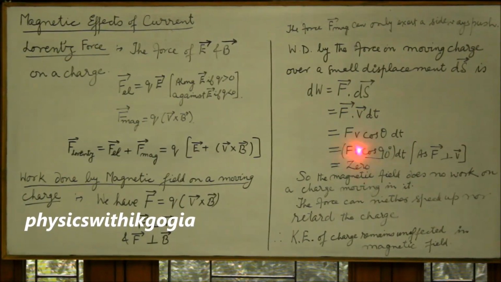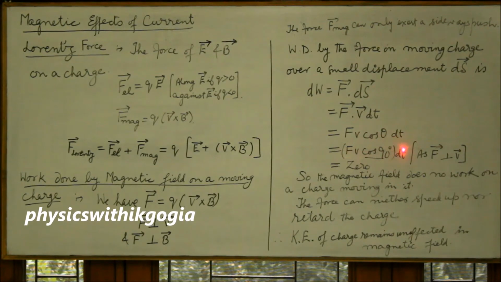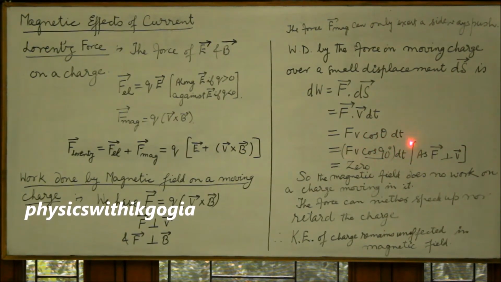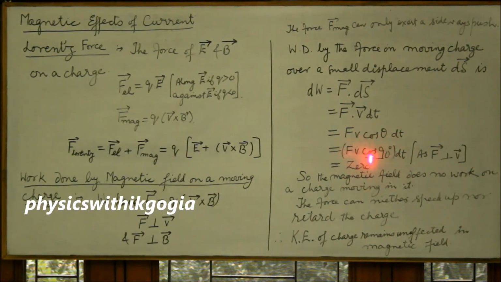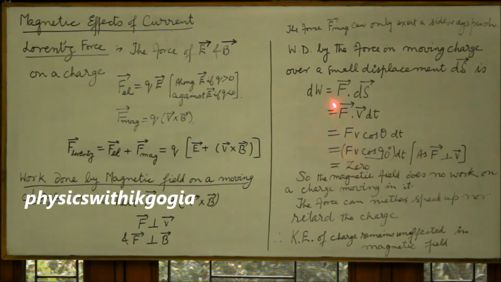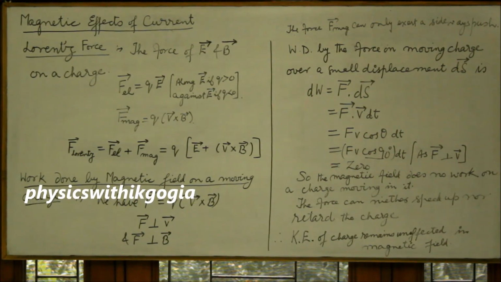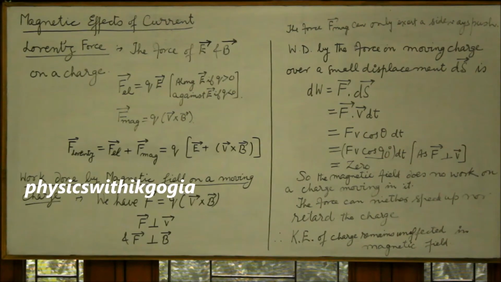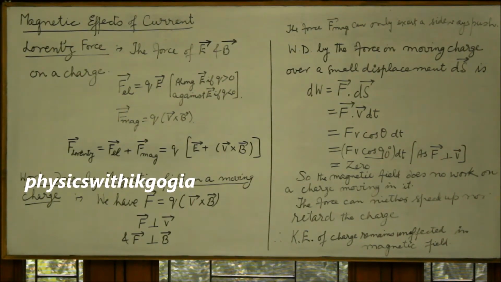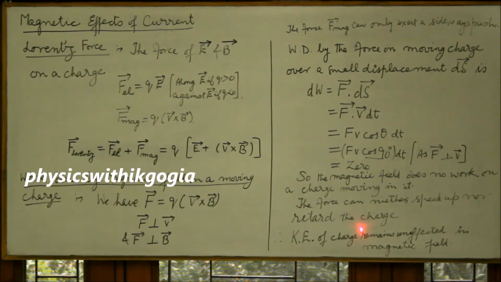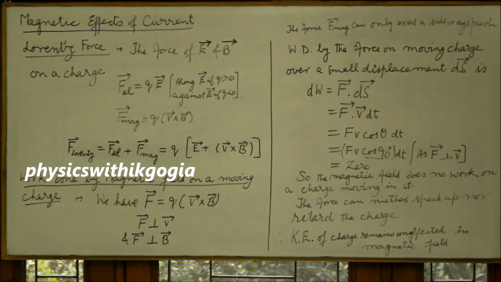So the work is F v cos theta, or cos 90, into dt, and since cos 90 is 0, the work done by the magnetic Lorentz force, or by the magnetic field, on a moving charge is always 0.